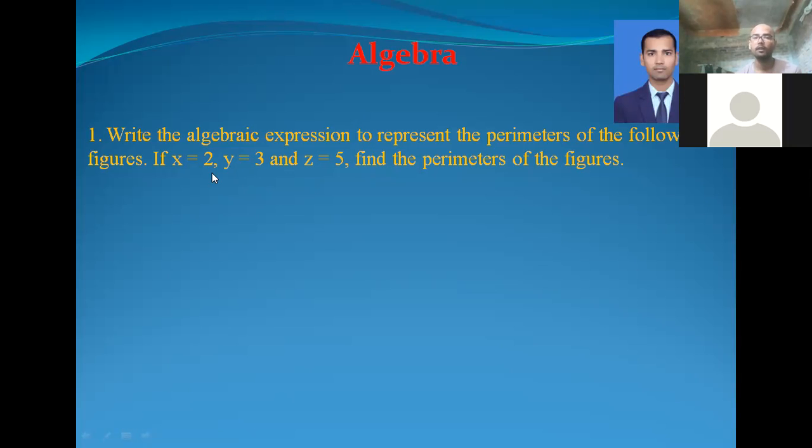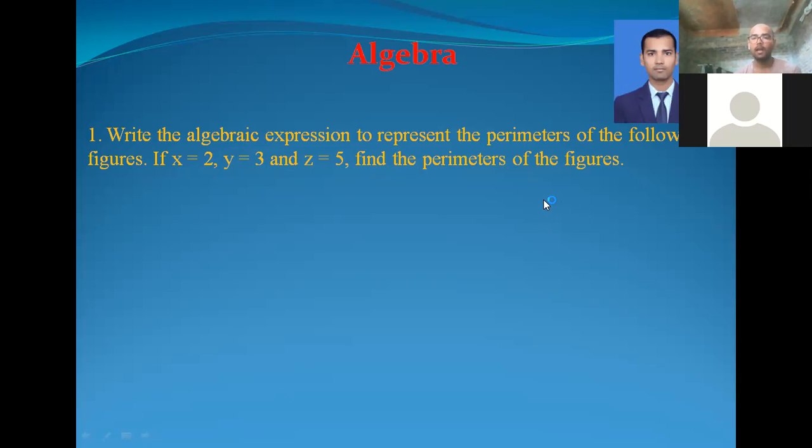So here, we have been given the values of the variables x, y, and z, where the value of x is 2, y is 3, and z is 5.